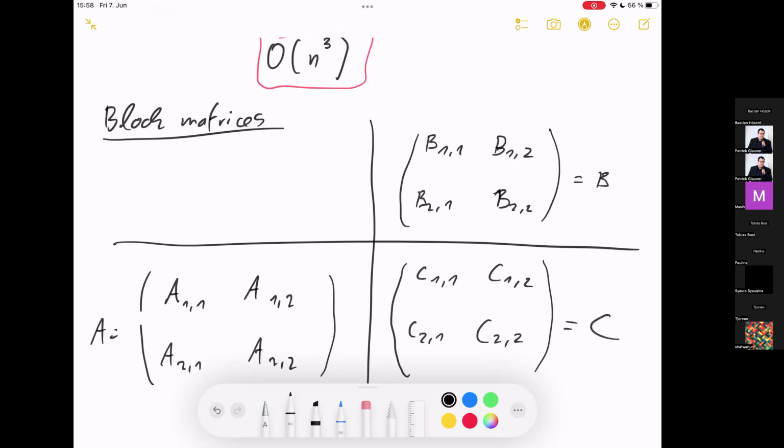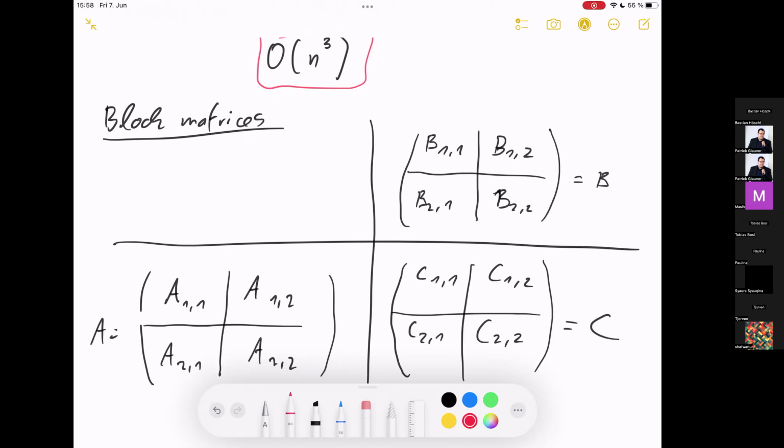Remember, they're all in bold. And now I want to know, how can I actually, so these are all blocks. Sometimes you find for such block matrices also a notation that splits the matrix into such blocks. This is something you would sometimes see in a different notation.